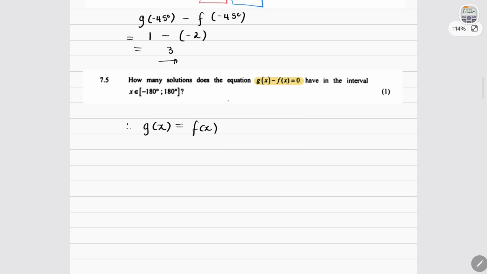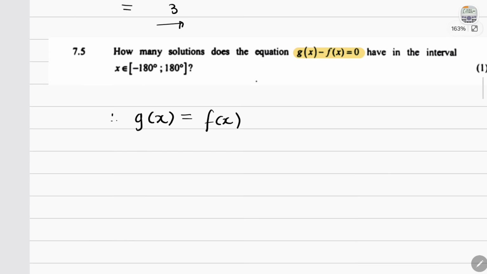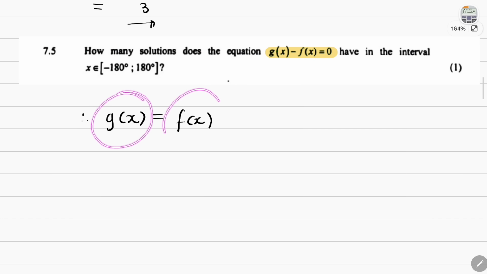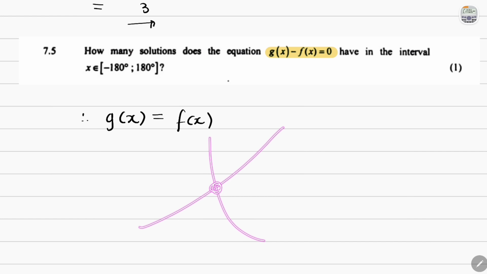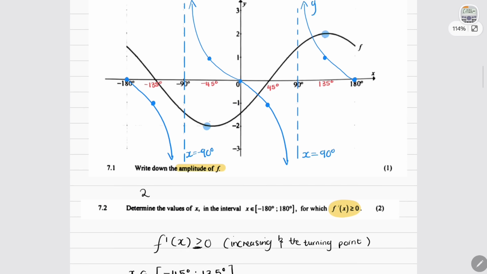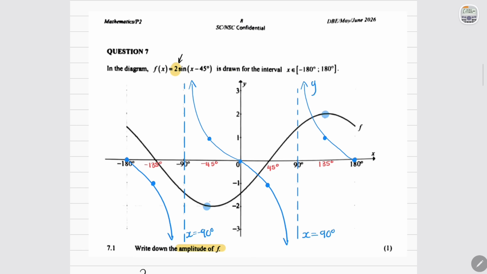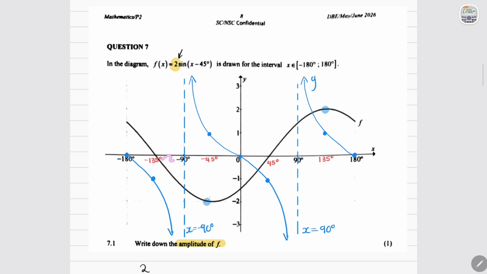Okay, so when two graphs are equal, if we're trying to see where f of x is equal to g of x or g of x equals f of x, you're just trying to see all the places where they intersect. Because if they intersect at a point, that means they have the exact same x value and the exact same y value. Okay, so this is where their y values are exactly the same. So let's see, where do these graphs intersect? So all through here, I see, there you go, they touch here.